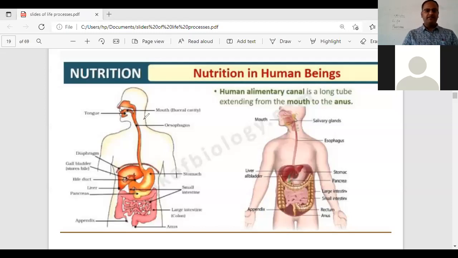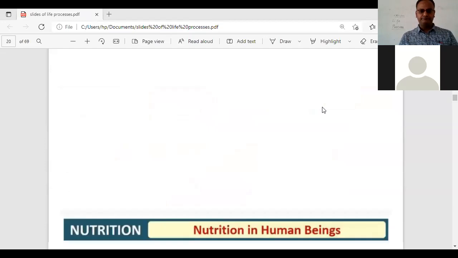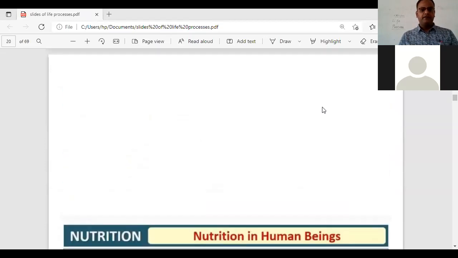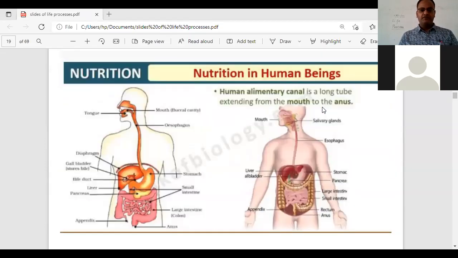So you can see very well here, students, in the diagram that the alimentary canal is a long tube extending from the mouth to the anus. And now, students, first of all we have to discuss the process of nutrition in the human being.